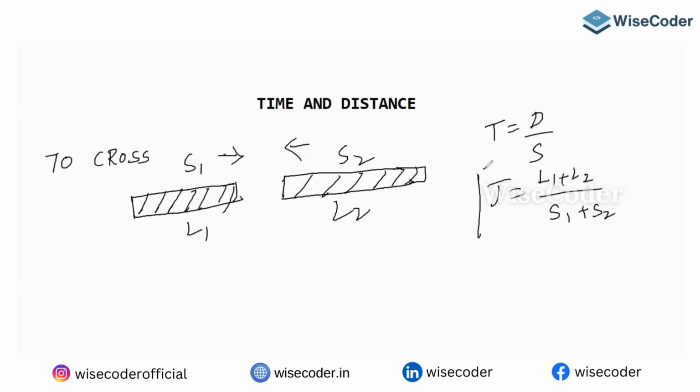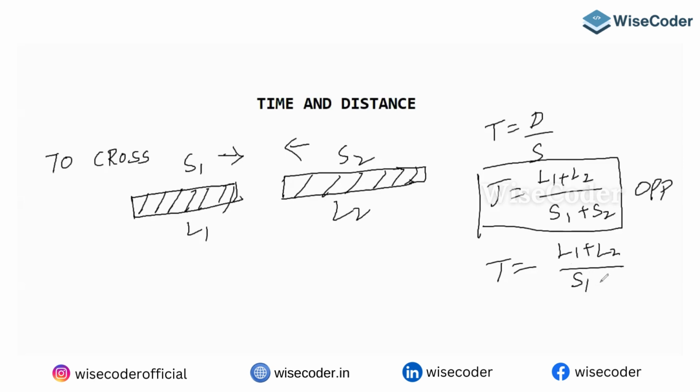When they are moving in the same direction, the lengths are the same, L1 plus L2, divided by S1 minus S2, whichever is greater. If S1 is more than S2, the denominator is S1 minus S2.